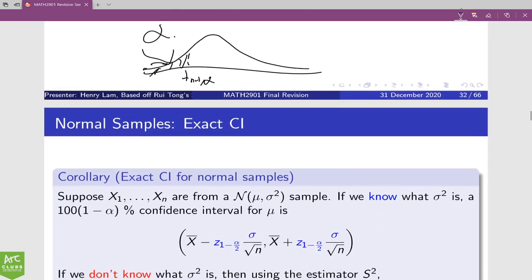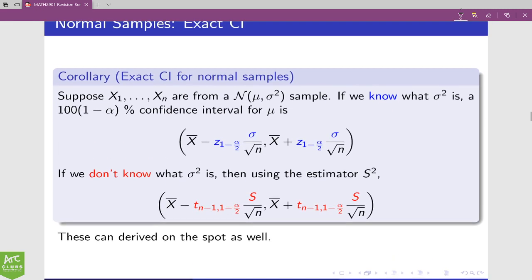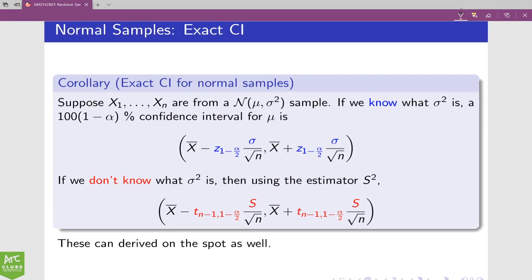So all that shenanigans above is basically to lead you to these two results. This is if you have a normal random variable sample, we can build very intuitive confidence intervals by just looking around the sample mean. So we can do that no matter what. You either know the variance or you don't.